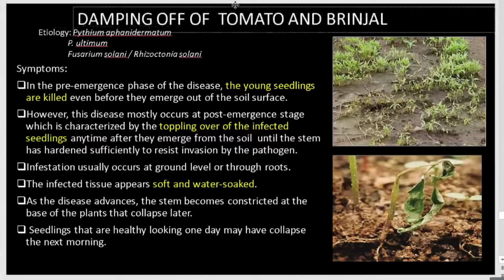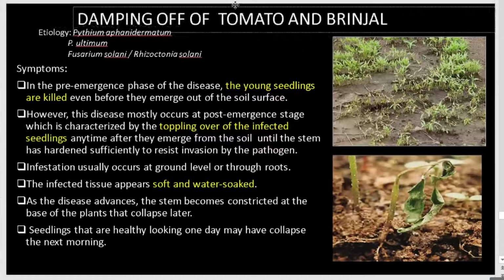Pythium and Rhizoctonia species are more common in wet soil conditions, while Fusarium is abundant in moderately wet soil conditions, because under wet soil conditions the Fusarium population gradually declines.